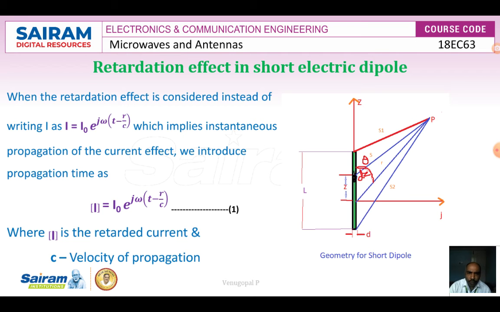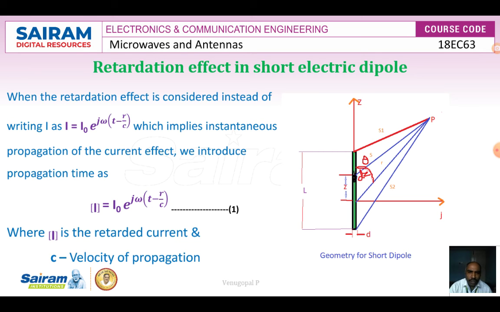S1 and S2 are the distances from the ends of the dipole to the distant point: S1 is the distance from the positive charge plus Q to the distant point P, and S2 is the distance from the negative charge at the other end of the dipole to the distant point P. R is the distance between the distant point and the dipole, and D is the diameter of the short dipole.